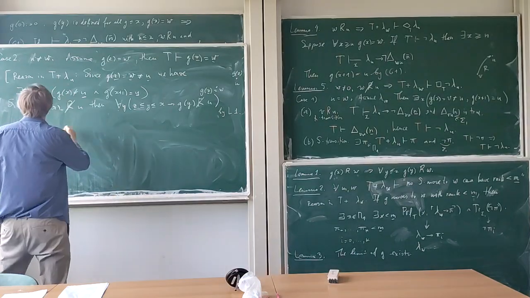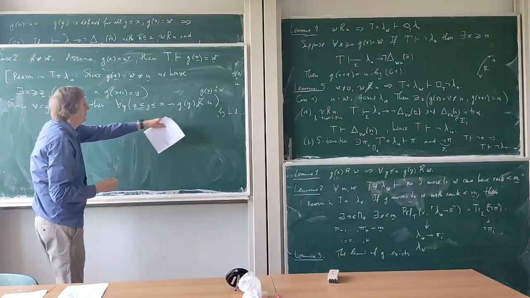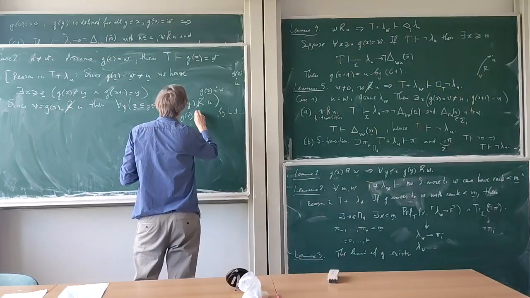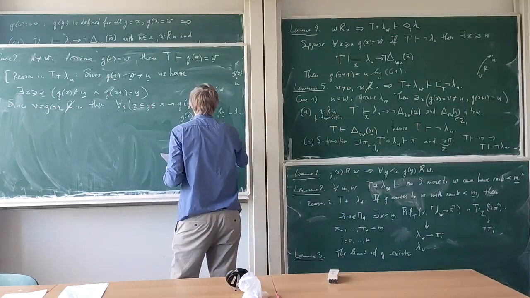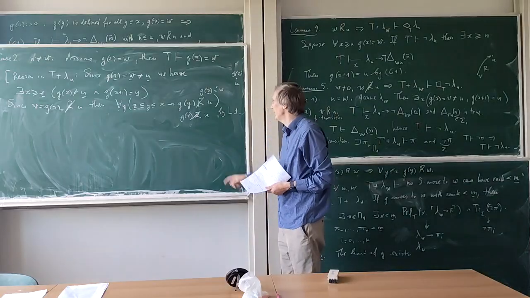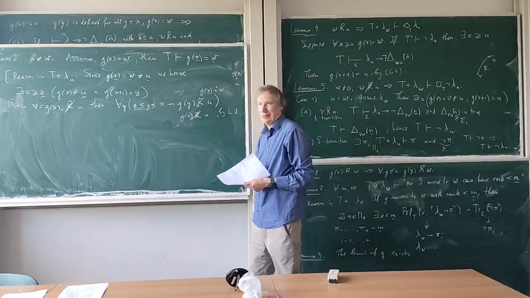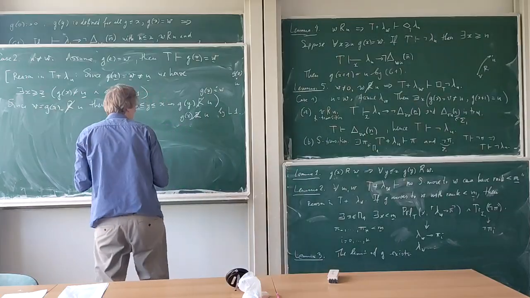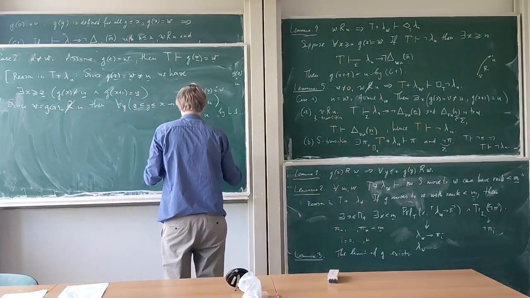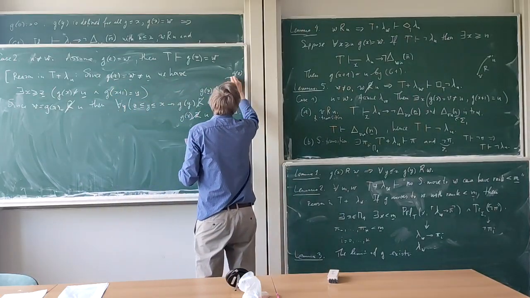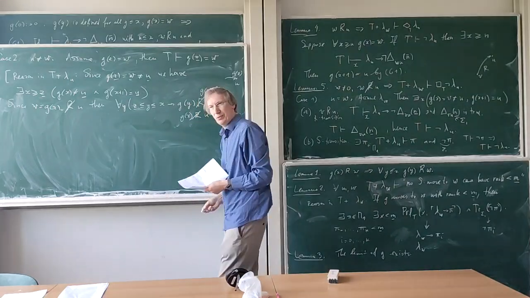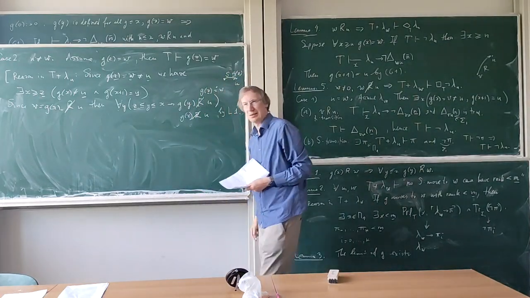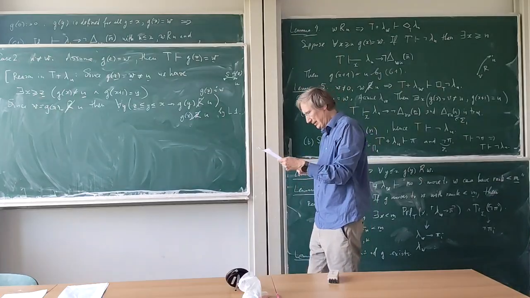In particular, G of X is not R U, because this is for all y, so including X, and this means that this transition to U was from somewhere by S step.